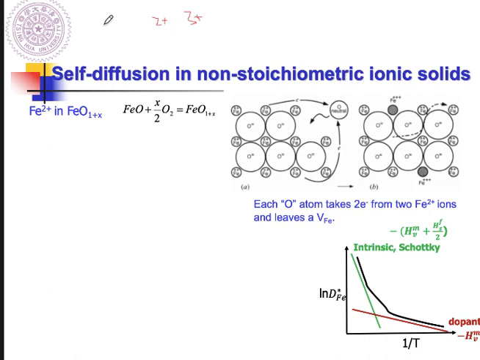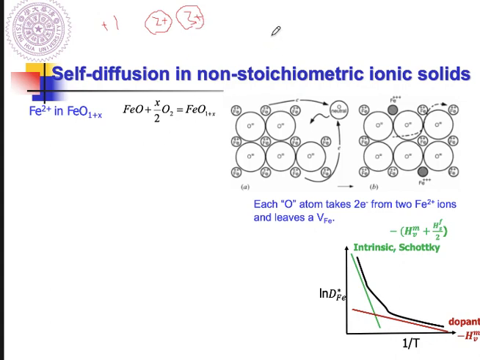But some people will probably ask, Professor, why don't you consider one positive charge? Because it is not easy for iron to carry one positive charge. So in most cases, it is two positive charge or three positive charge.